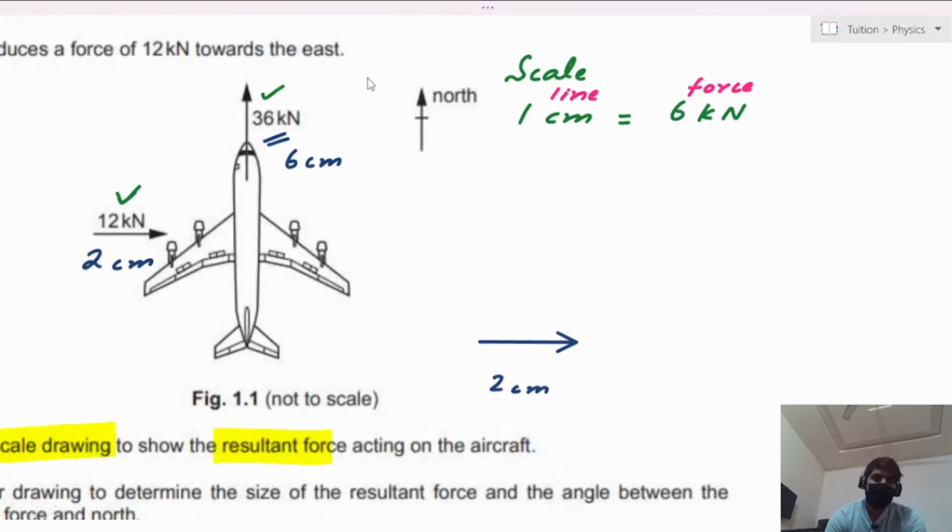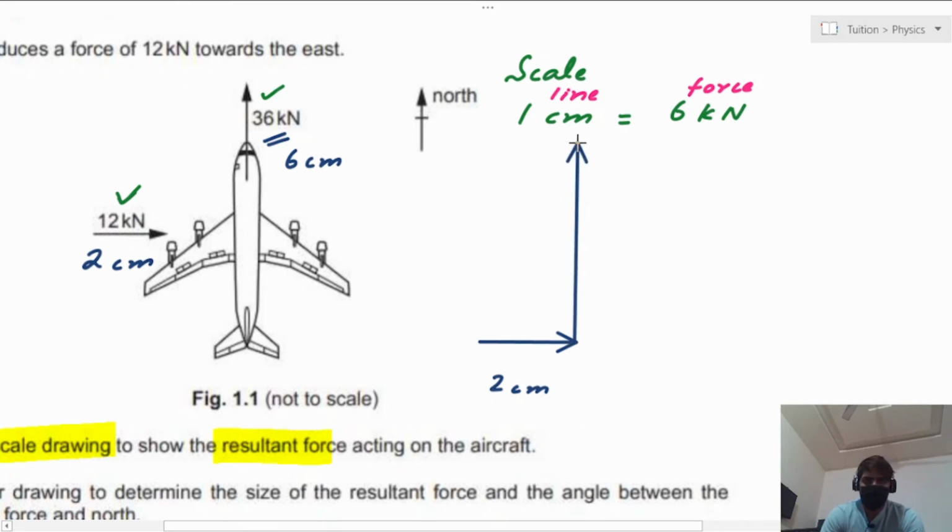And then at the end of this force, you draw a line of 6 centimeter. It should be like 3 times bigger than that. So I assume that this line is 6 centimeter. Make sure you draw with a ruler. So this one was my starting point, and this one was my ending point.